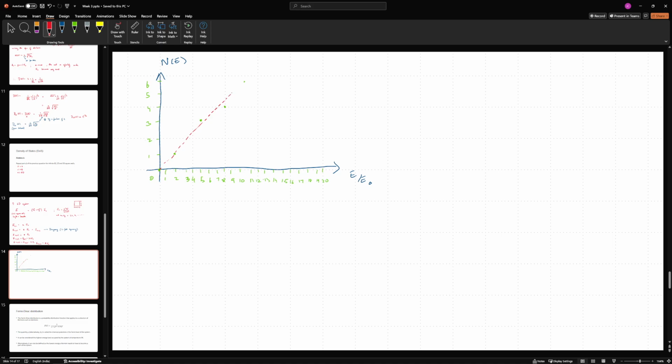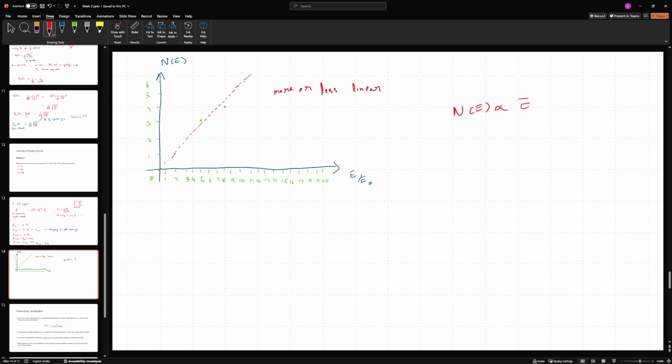So this line is more or less straight. So this will tell me that n of E is actually proportional to E.